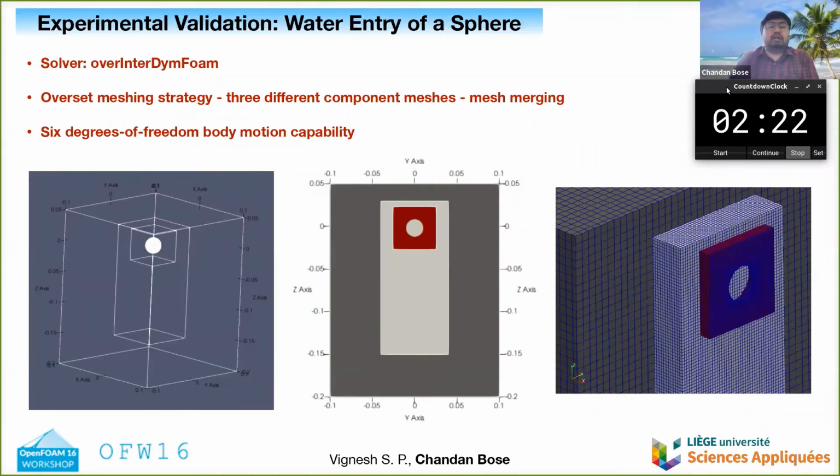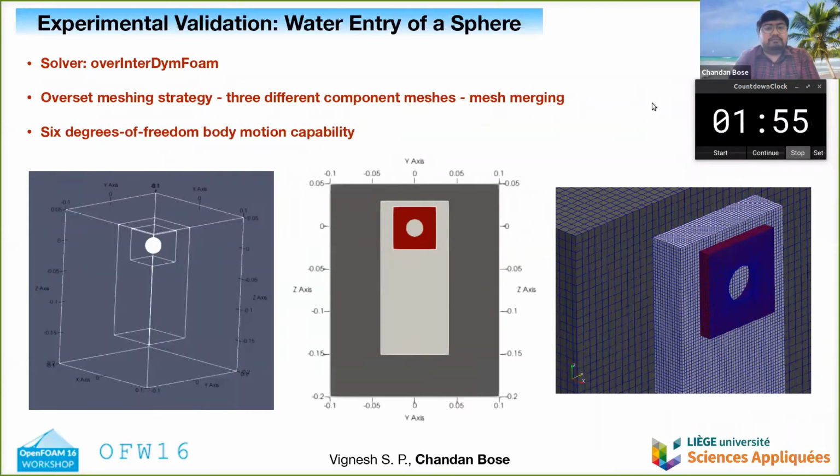This particular case has 1 degree of freedom in the vertical direction, although the solver is capable of handling 6 degrees of freedom. The most important thing to mention is the grid priority by the zone ID, specifying the zone ID to facilitate the cell volume weighting interpolation. Next slide, please.